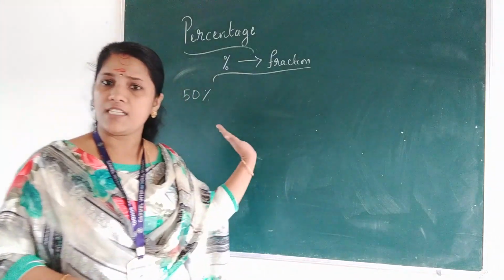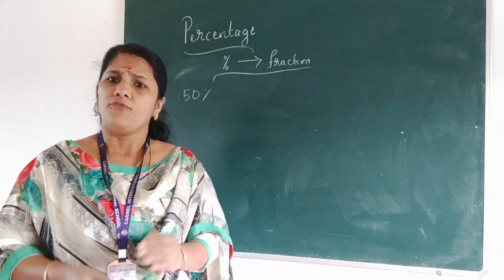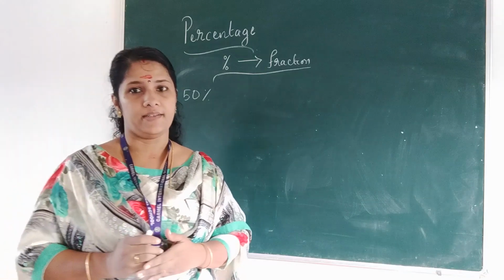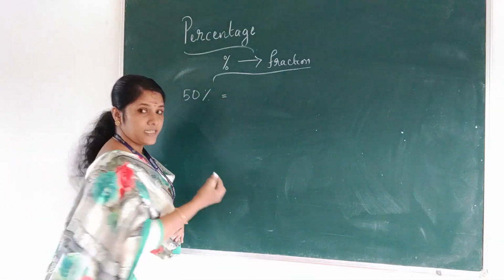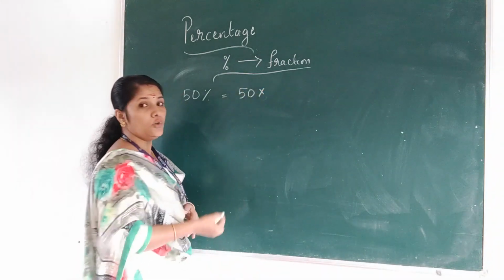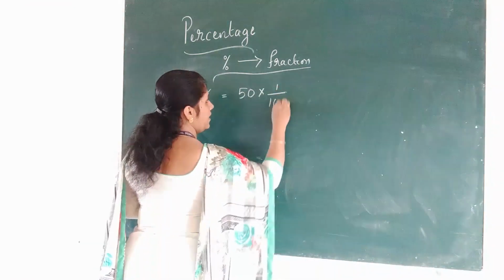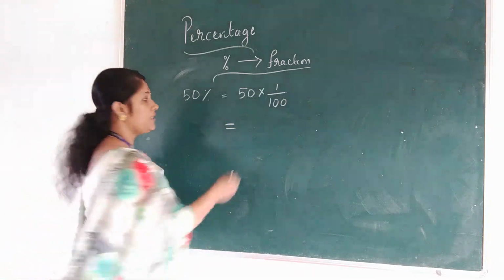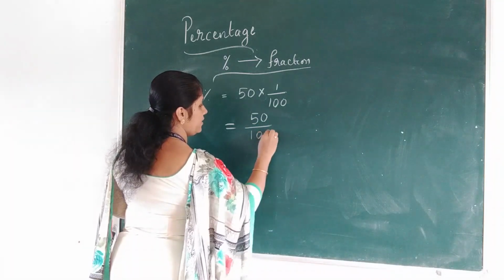So to convert 50% into a fraction, we replace the percentage by 1 by 100. 50% is equal to 50 into 1 by 100, which means 50 by 100.